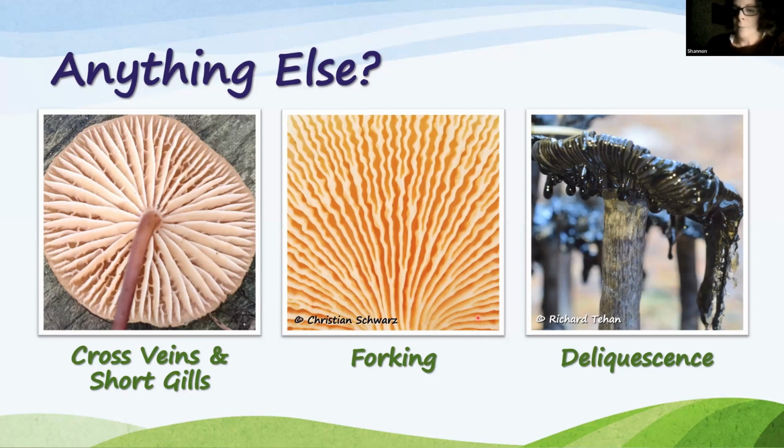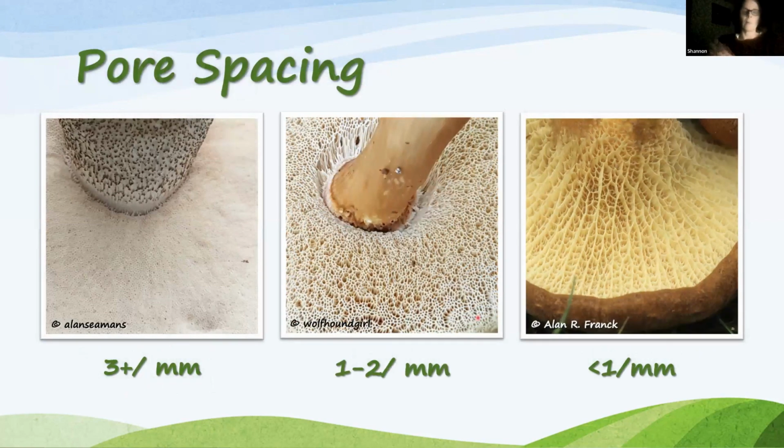And because I did mention that it was not all about gilled mushrooms, we should give some attention to mushrooms that have pored hymenia. And when it comes to spacing in this context, we're talking about pores and the number that you can fit within a millimeter on a ruler.